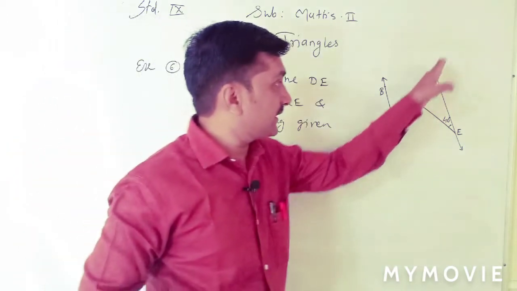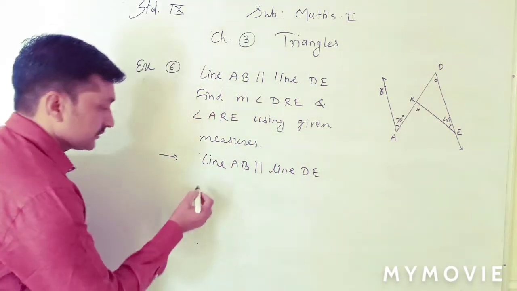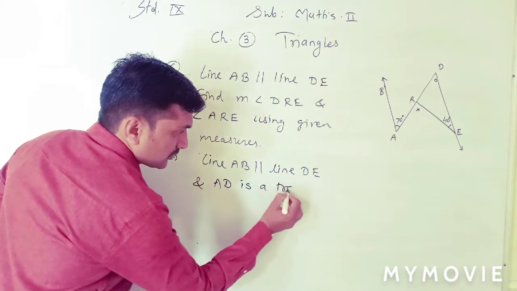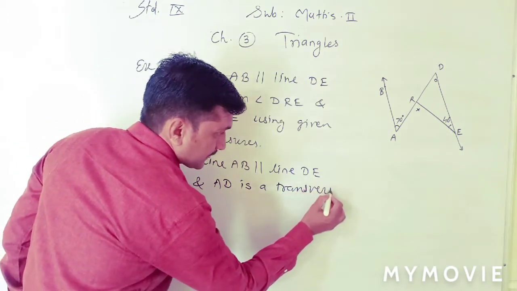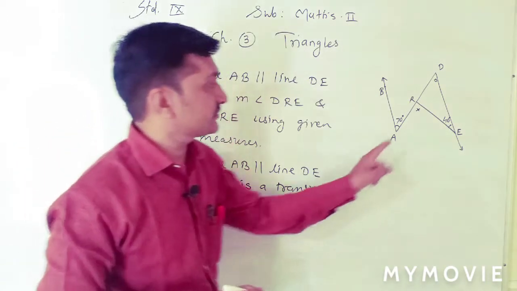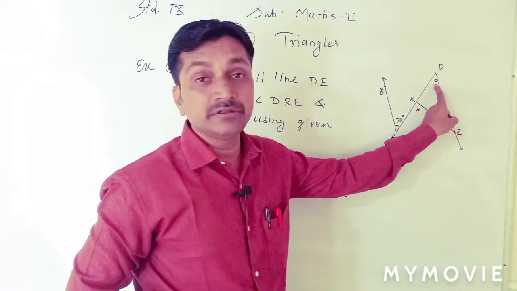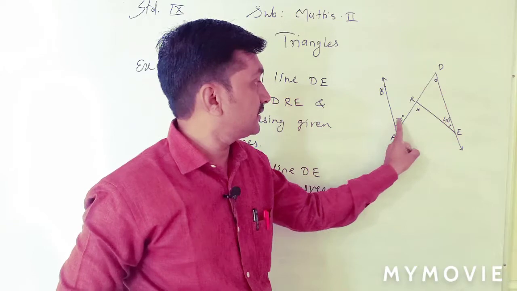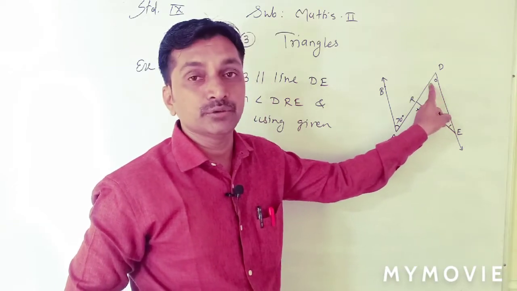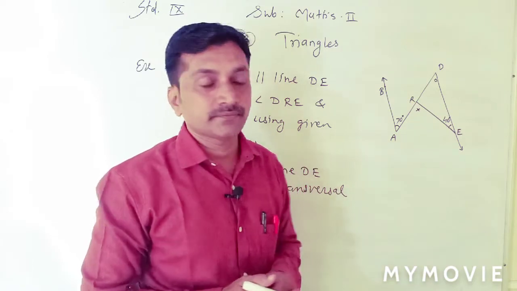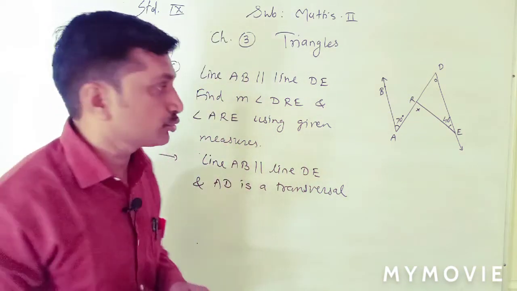and if we take AD as a transversal, angle A is congruent to angle D. Why? Because these are alternate angles, and alternate angles are congruent.